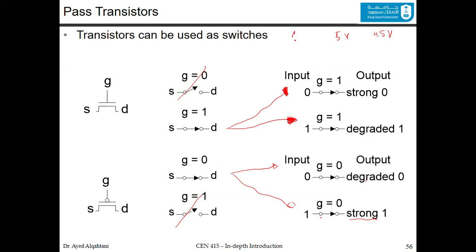That's for the logic 1. For the logic 0, you know that the 0 should be 0 volts. Now the degraded 0 is not 0 volts, it's slightly more than this, maybe half a volt. This is what we mean by the degradation. Now, these are the pass transistors.